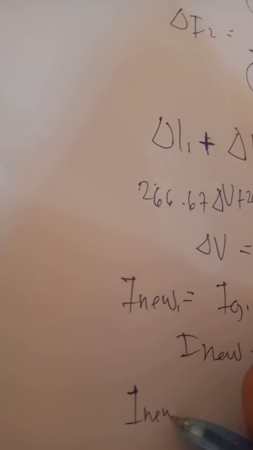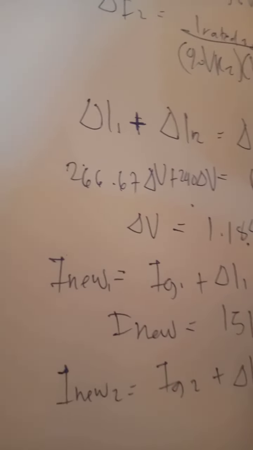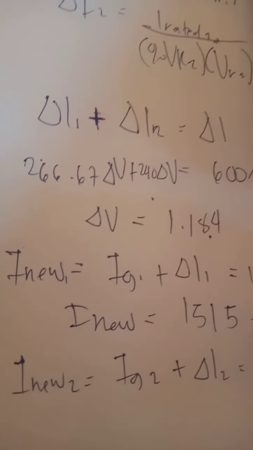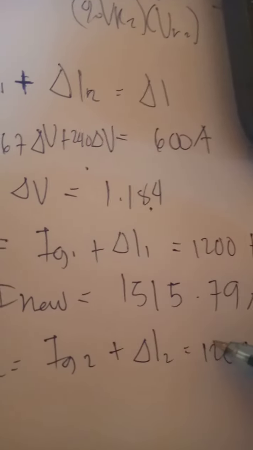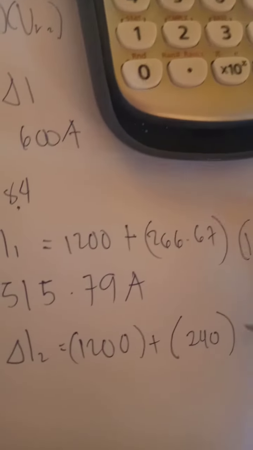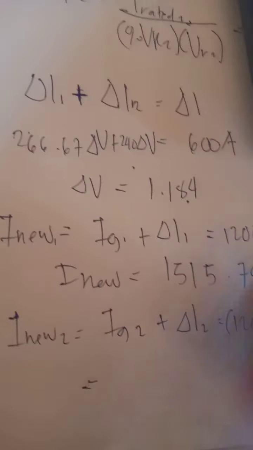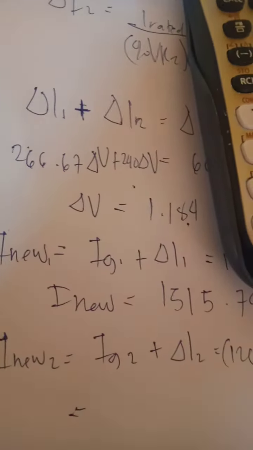Now for I new 2, we have IG2 plus delta I2, that's also 1200 amperes plus 240 times 1.184.